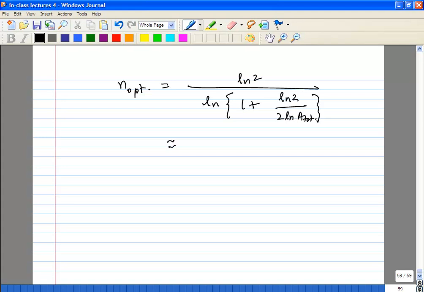And again you can make an approximation for this, which is, let's assume you want a very large enough gain. So this second term is very small. So ln of 1 plus x, you can just say it's approximately x. So your actual optimum number of stages is nothing but 2 ln the total gain.